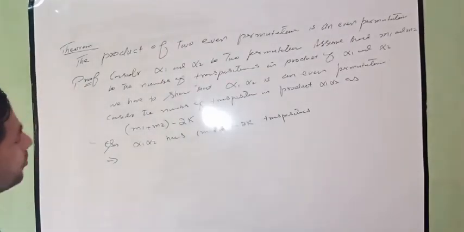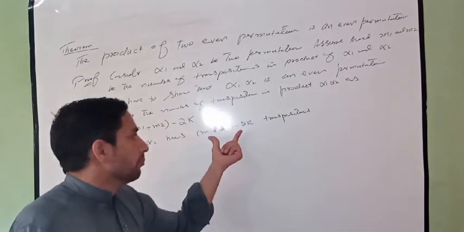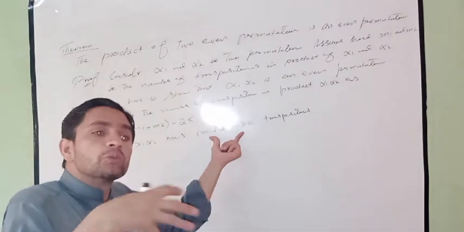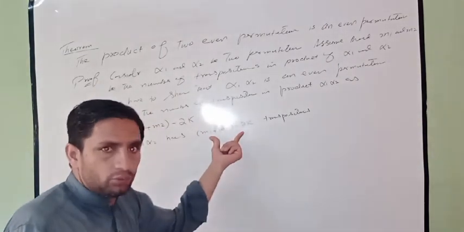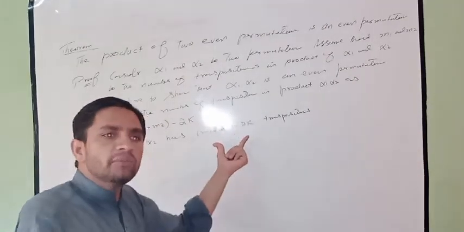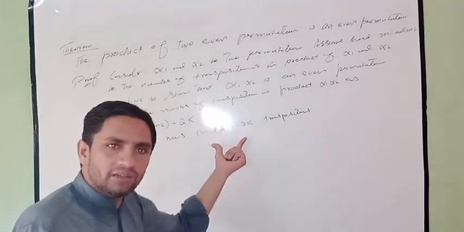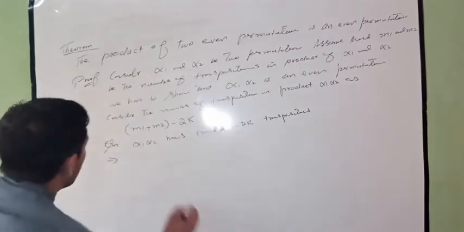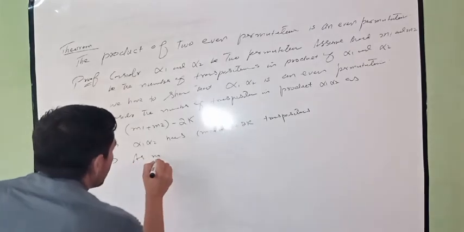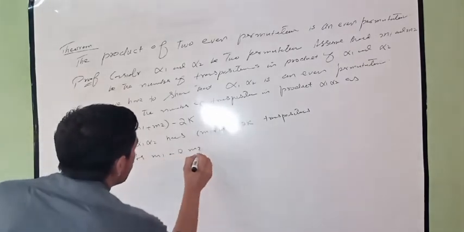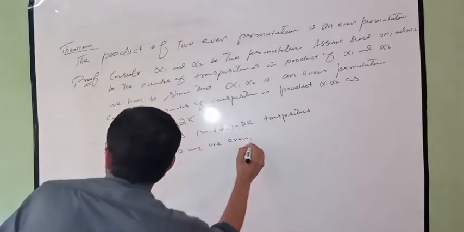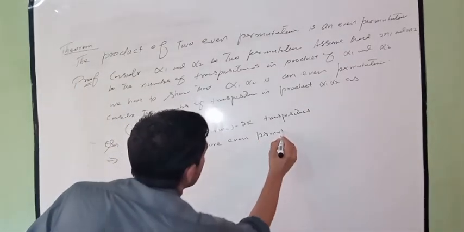This is the number of transpositions in the product alpha 1 alpha 2. If this is even, it means alpha 1 product alpha 2 becomes an even permutation, as alpha 1 and alpha 2 are even permutations.